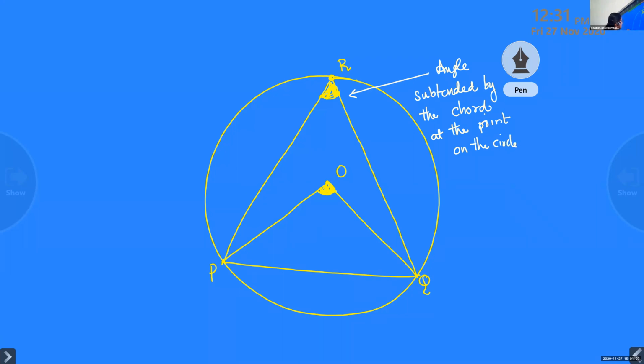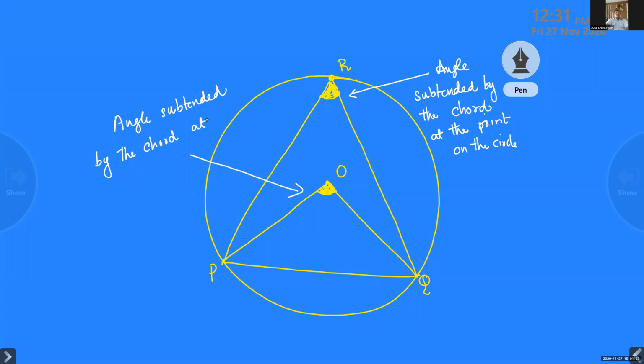And this one is the angle subtended by the chord at the center. Use the term subtended always.